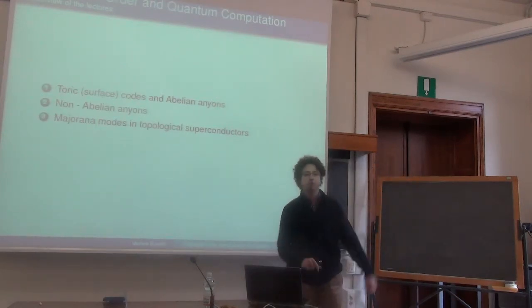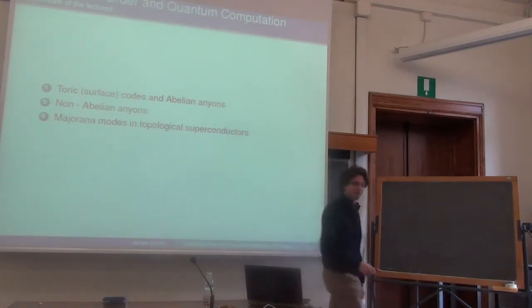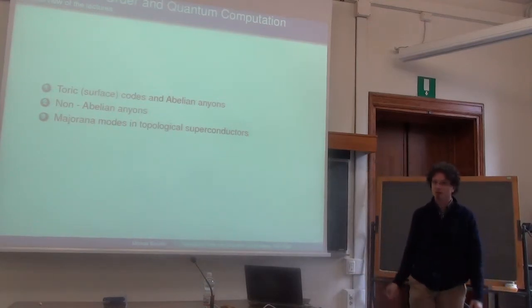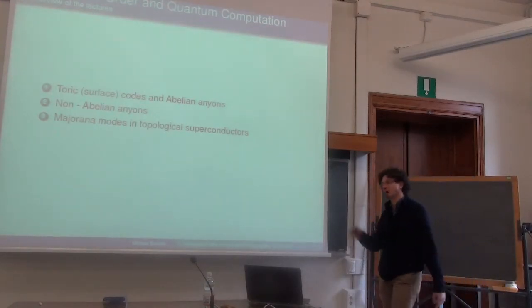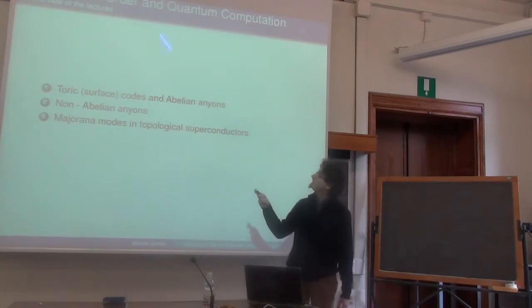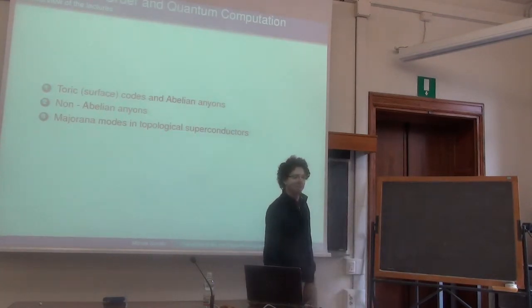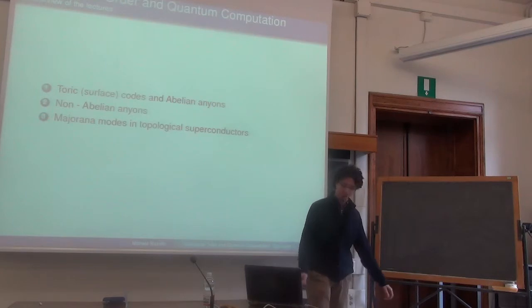Essentially, we will steal some ideas that you already have seen in the previous lectures and apply them in a new way to understand what topological order is and to analyze topologically ordered systems.